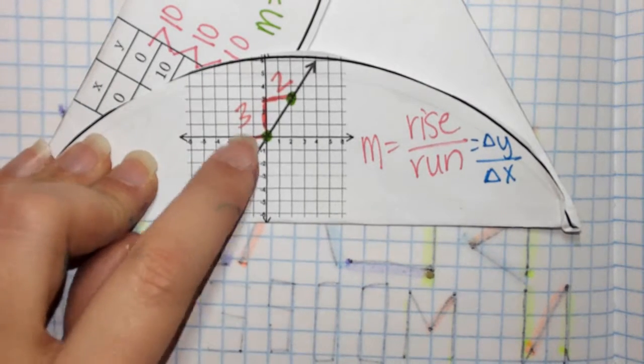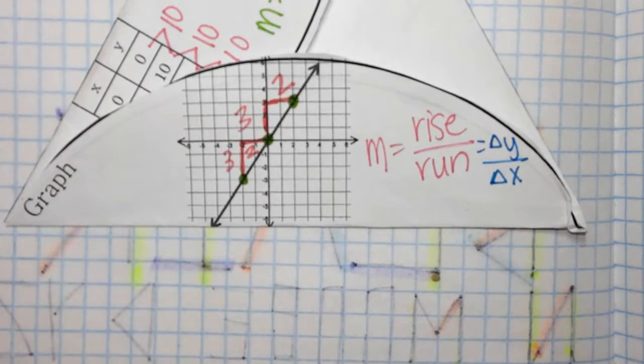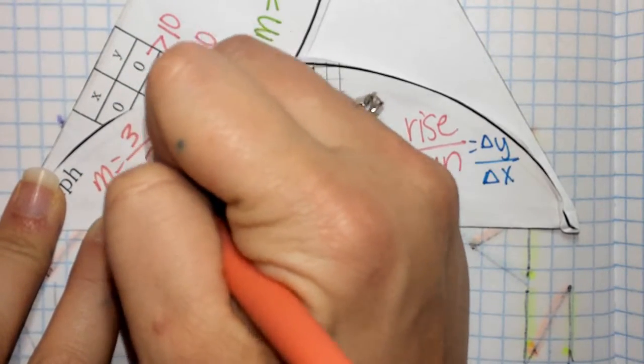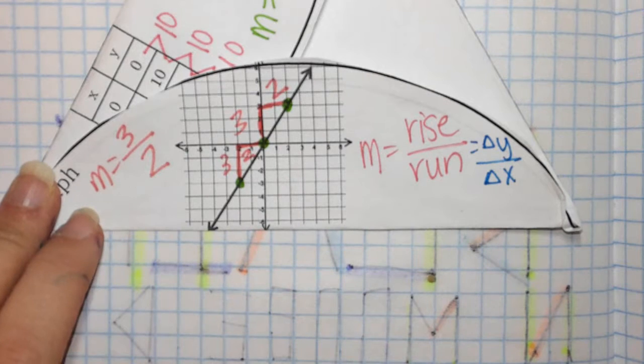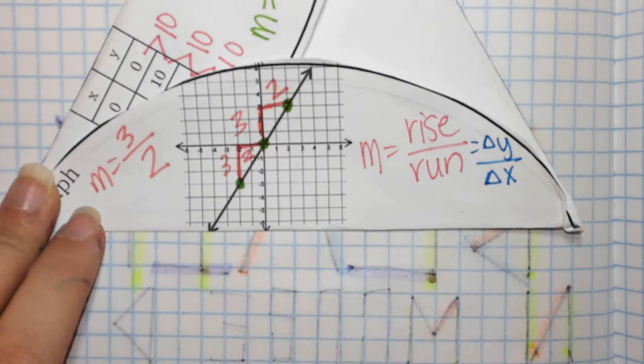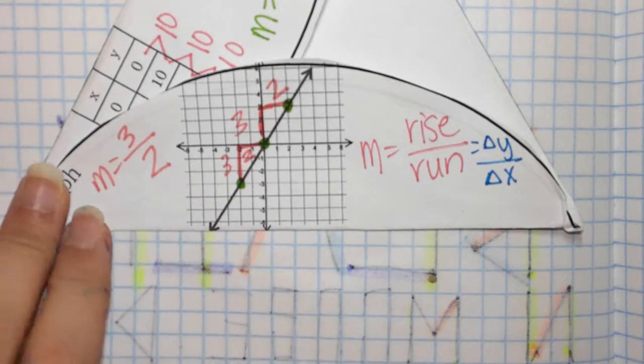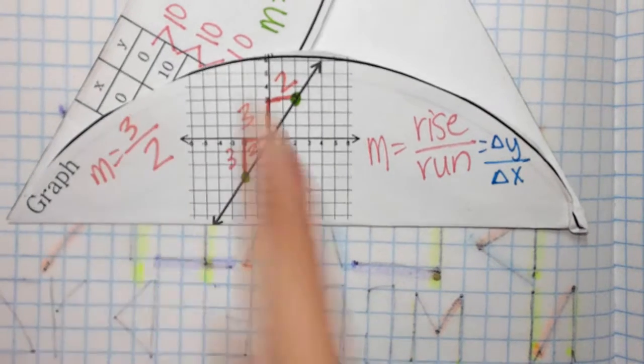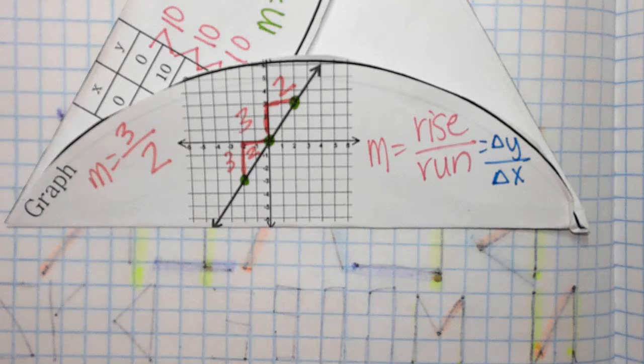Okay, now are both of our numbers positive? Awesome. So our slope is 3 divided by 2. Because what was our rise? And what was our run? So it's 3 divided by 2. Use your color so that you can see the steps.